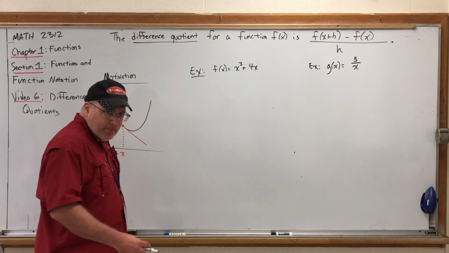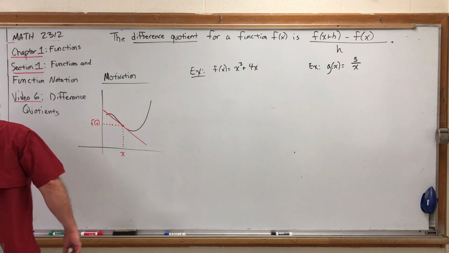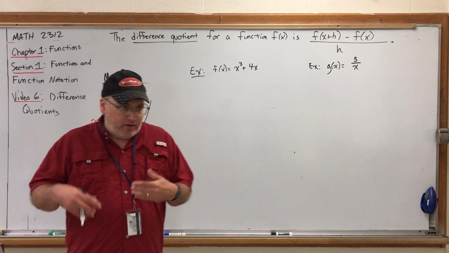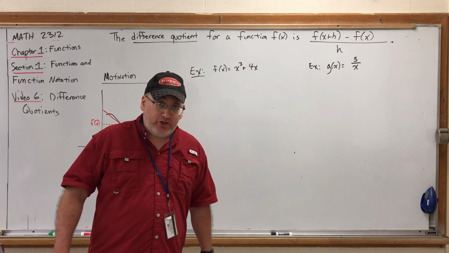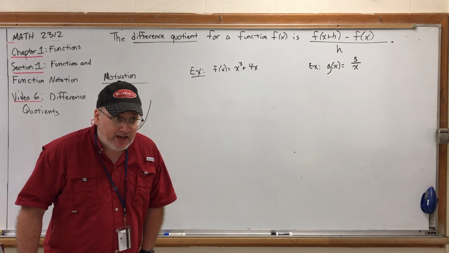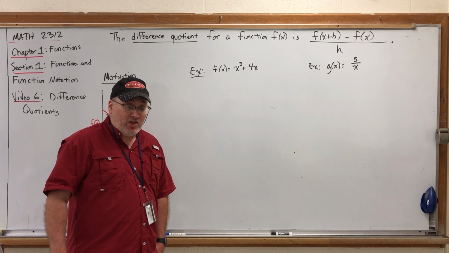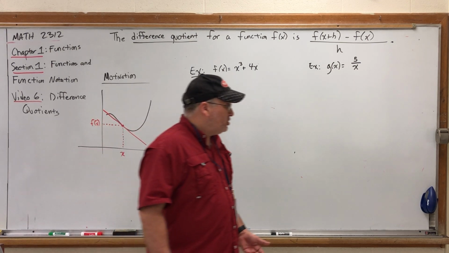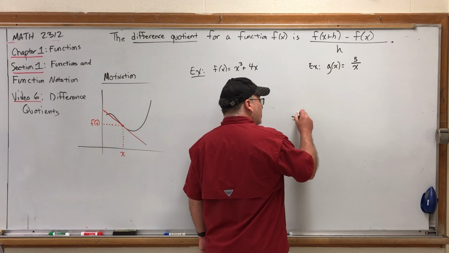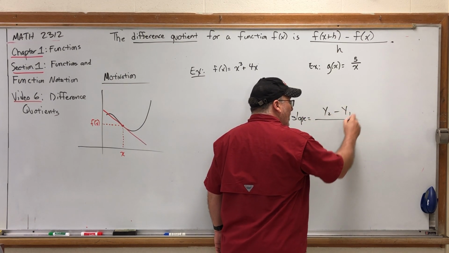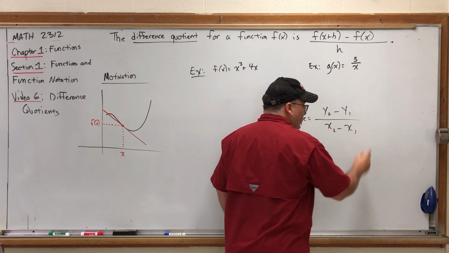In order to explain the motivation, I have to assume that you remember some things from an Algebra 1 or Algebra 2 or possibly a college algebra class, namely how to find the slope of a line. The slope of the line is rise over run, which is really, just as a reminder, second y minus first y over second x minus first x.